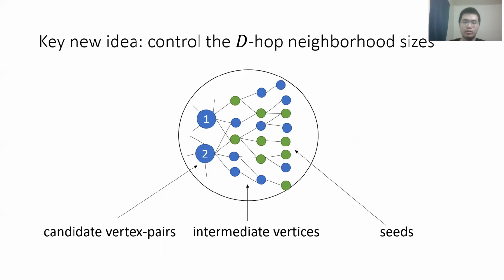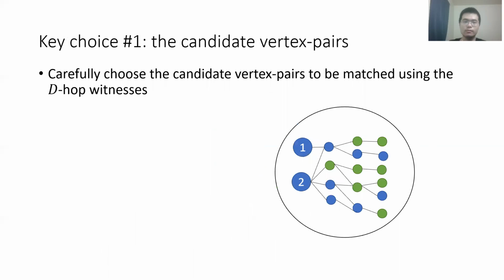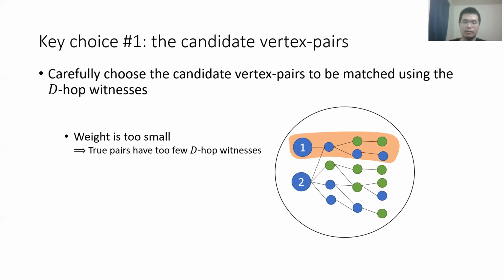Then, we elaborate on our three design choices to properly control the D-hop neighborhood size: the weight of the candidate vertex pairs, the weight of the intermediate vertices, and the weight of the seeds. First, we need to carefully choose the candidate vertex pairs to be matched using the D-hop witnesses. On the one hand, if the weight of the candidate vertex pairs is too small, the common D-hop neighbors of a true pair are too few to produce enough witnesses.